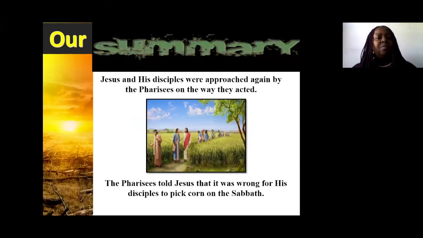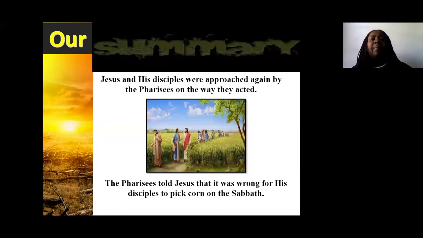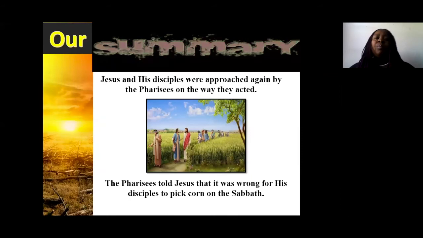All right. So the Pharisees now, because of who they are and what they represent, they told Jesus that it was wrong for his disciples to pick corn on the Sabbath. Now, before I go any further, I want you to think about, why do you think the Pharisees told Jesus that it was wrong for them to pick the corn on the Sabbath?